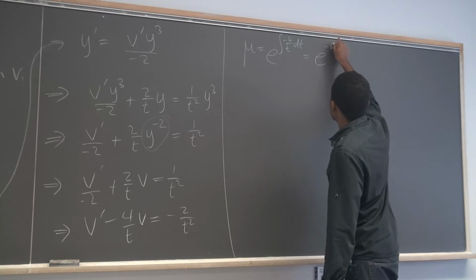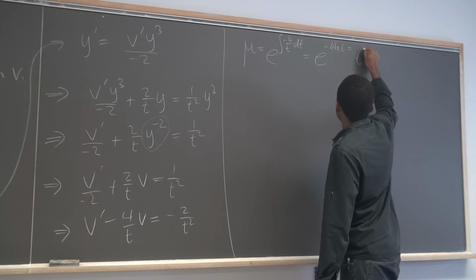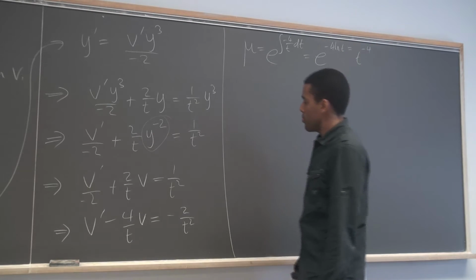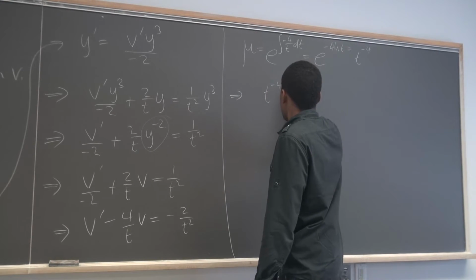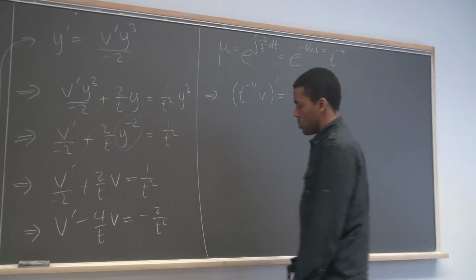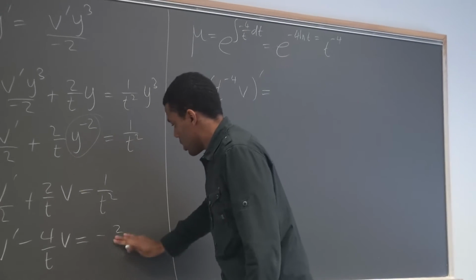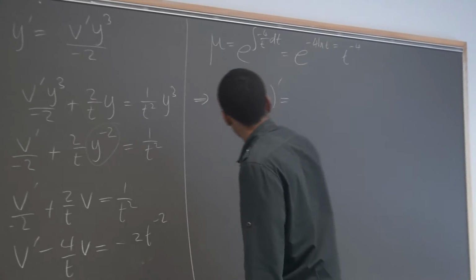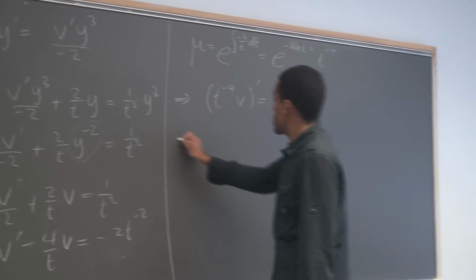The integrating factor equals e to the minus 4 ln t, which equals t to the minus 4. So t to the minus 4 times v, all prime, is equal to this, which is t to the minus 2 multiplied by t to the minus 4, giving t to the minus 6.